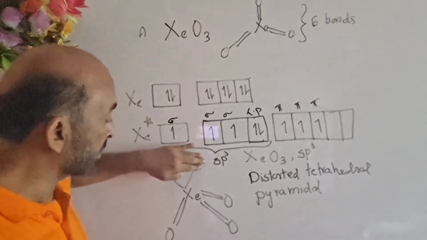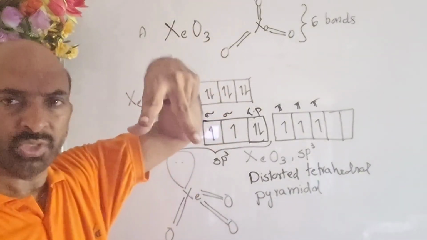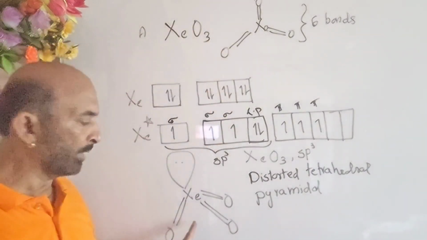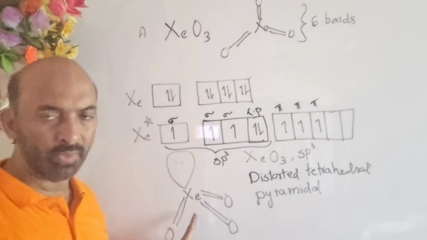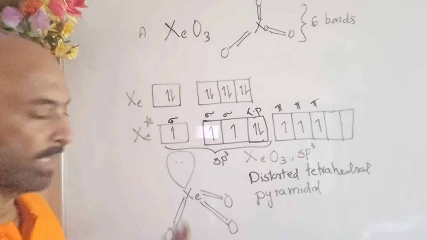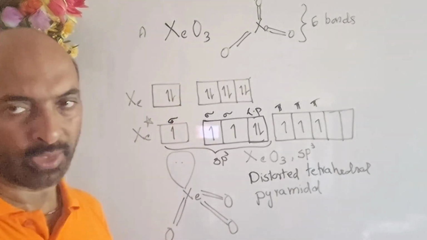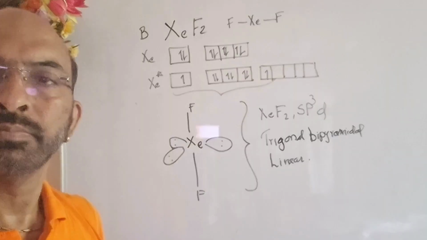It is called trigonal pyramidal. Base is triangular. So trigonal pyramidal, or simply pyramidal, is the exact word. So we got the details regarding XeO3 so far.